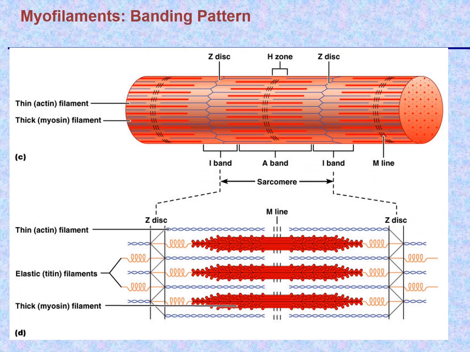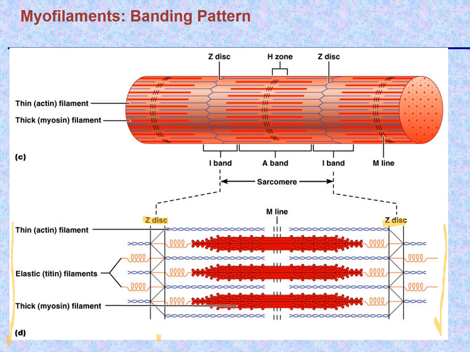So here you see it laid out in a simpler linear diagram, which just shows 3 thick filaments and a few thin filaments. Here you have the Z disc, and there's another Z disc.